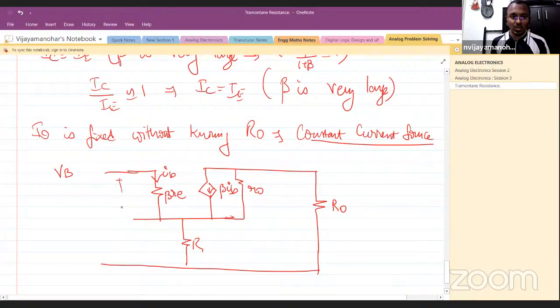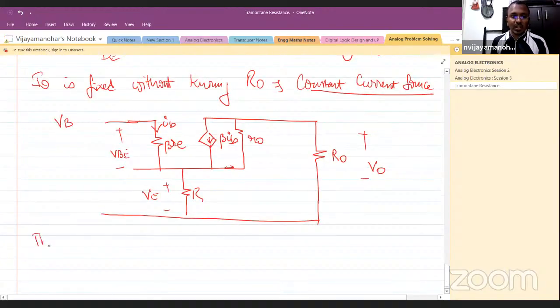So this is your VBE and this is your VE. Now look at this. What is getting sampled? The load current, not the load voltage. See here, this is the output voltage V naught. I am not sampling the output. What is the feedback element here? R is the feedback element.